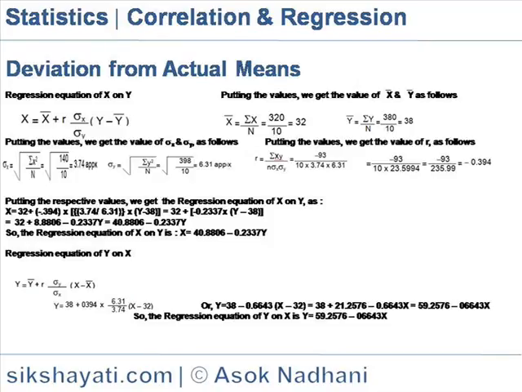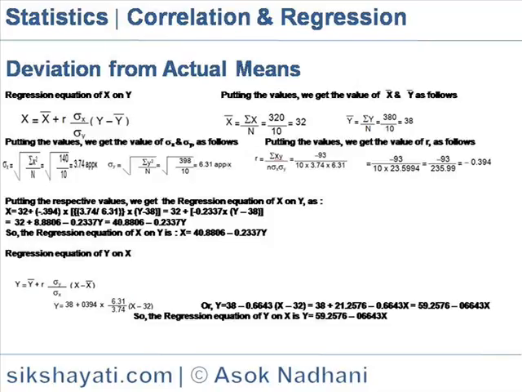Putting the respective values, we get the regression equation of x on y as x is equal to 32 plus minus 0.394 into 3.74 by 6.31 into (y minus 38) is equal to 32 plus 0.2337 into (y minus 38), so equal to 32 plus 8.8806 minus 0.2337y, is equal to 40.8806 minus 0.2337y.